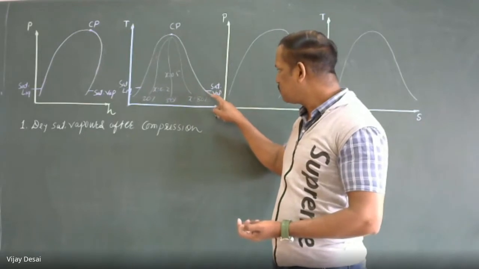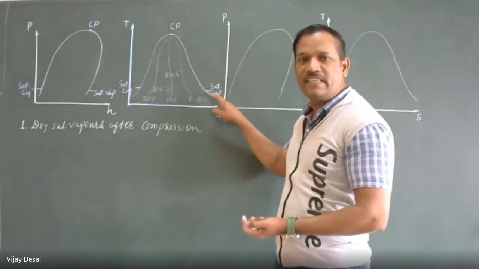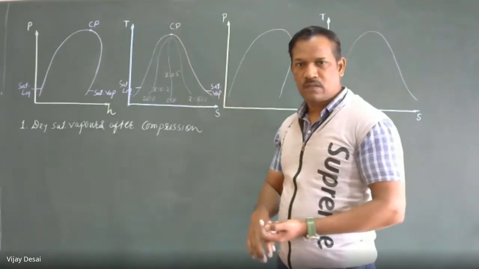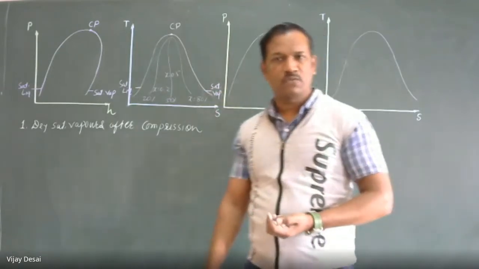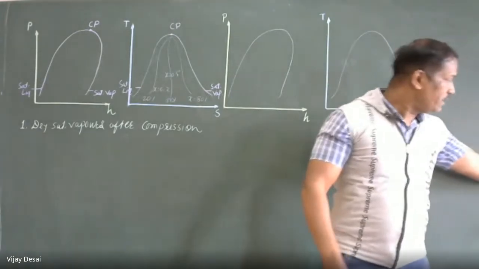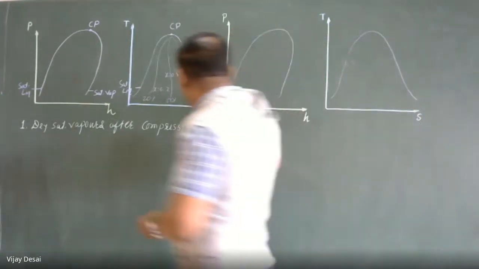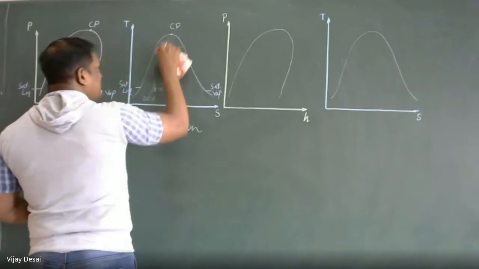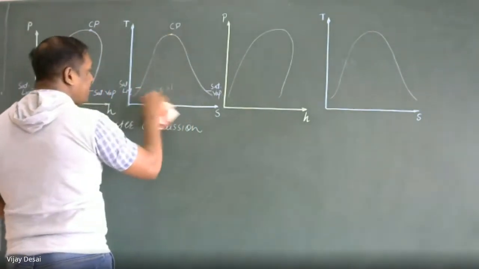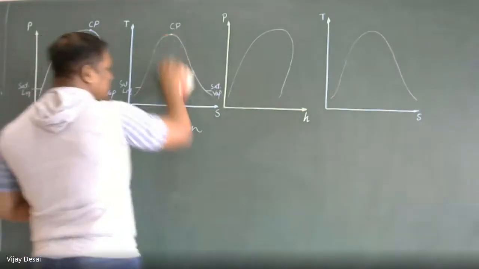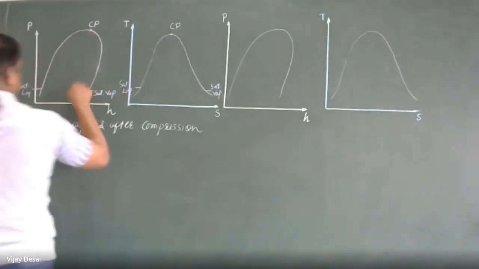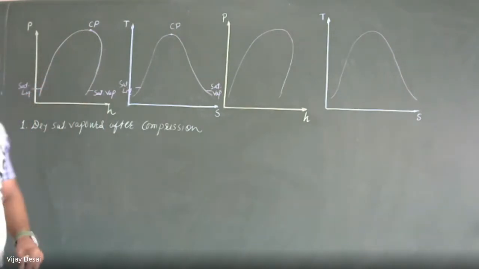When we reach the saturated vapor line, it is completely converted into vapor form. After saturation, no doubt, it will be superheated. So likewise, in the dome, we can identify how much vapor is dry with the help of dryness fraction. Same way, there will be dryness fraction lines on the pH diagram also.